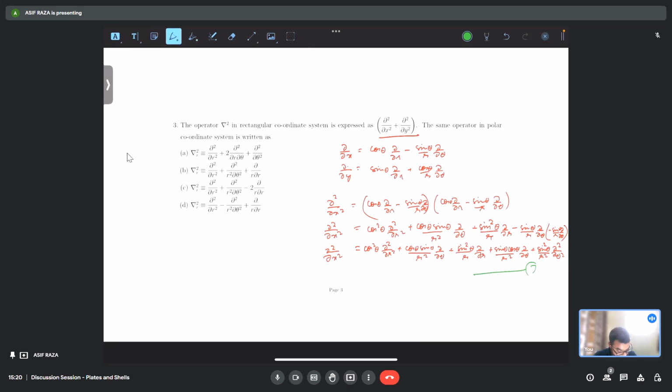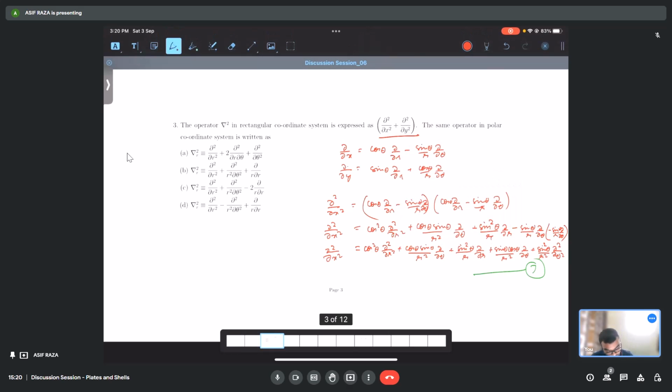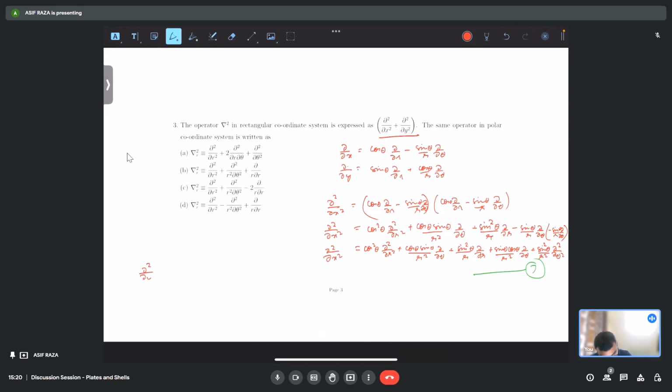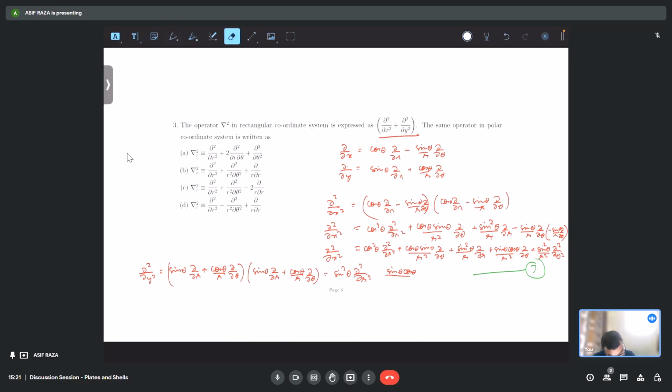So now ∂²/∂y² can be solved similarly, like sin theta ∂/∂r plus cos theta by r ∂/∂θ, operating on the same sin theta ∂/∂r plus cos theta by r ∂/∂θ gives me sin squared theta ∂²/∂r² plus sin theta cos theta, sin theta cos theta, this will be minus r squared ∂/∂θ.